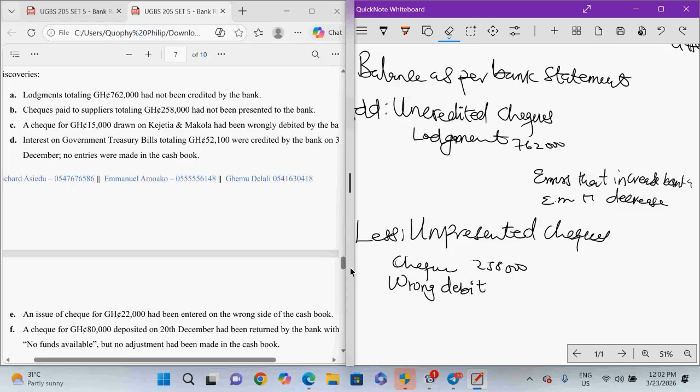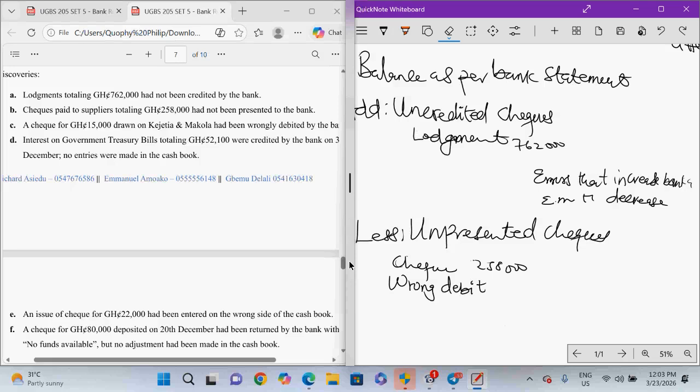Because it says in the question that a check has been made already, so it hasn't been placed in the bank account. If it is placed, that is going to increase the amount in the bank account. Exactly. Because at the credit side of the cash book, we have made a payment and deducted it. But instead of the bank debiting our account, to reduce our account by that same amount, the bank has rather reduced the account of someone else.